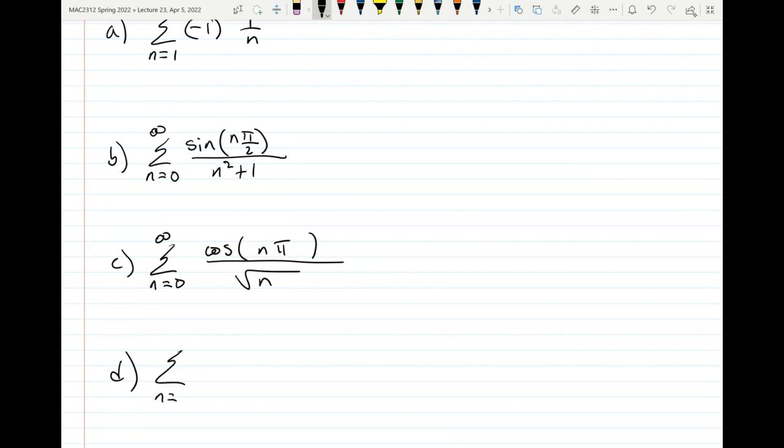the sum from 1 to infinity of negative 1 to the n times n plus 1, equal to n squared, times 1 over n.